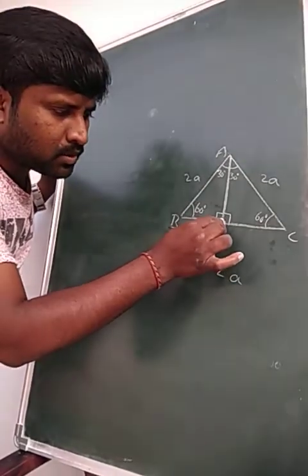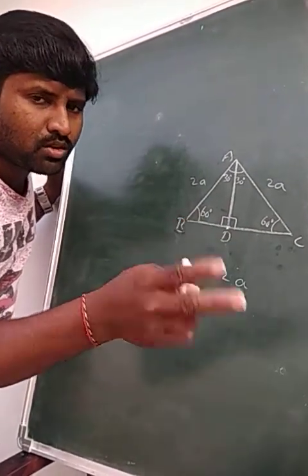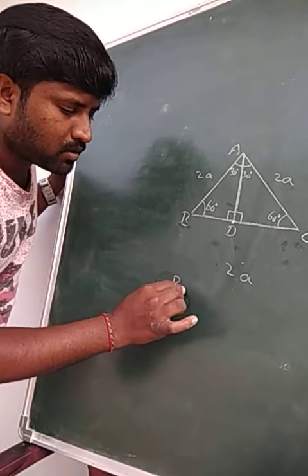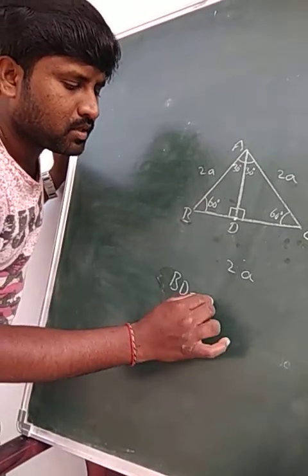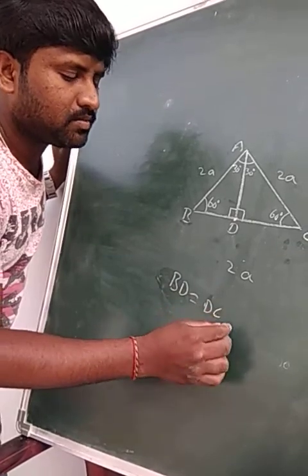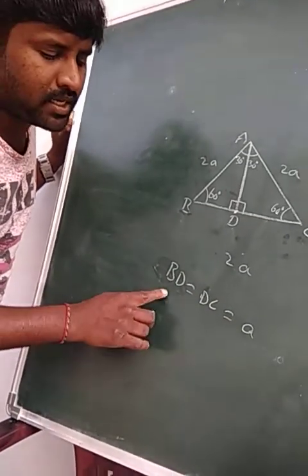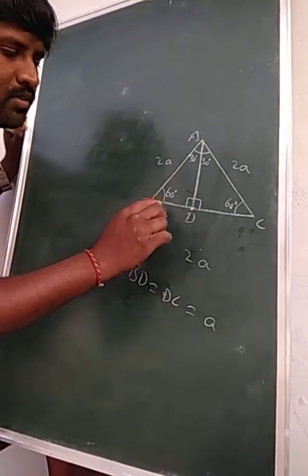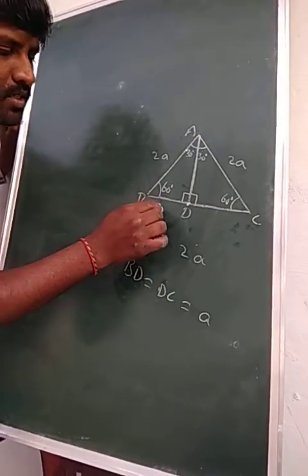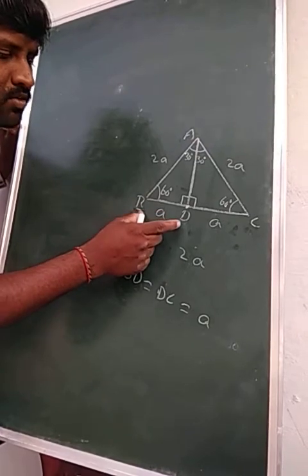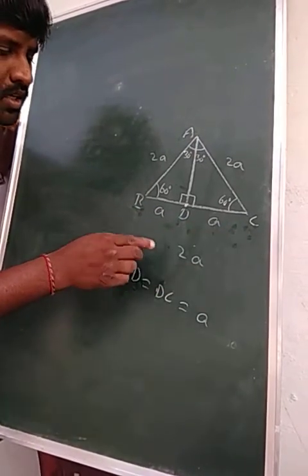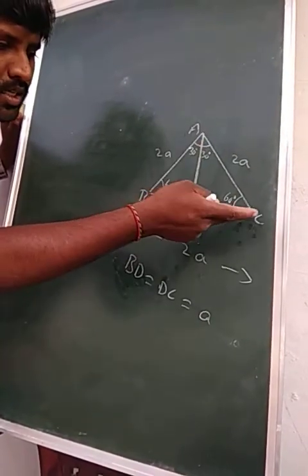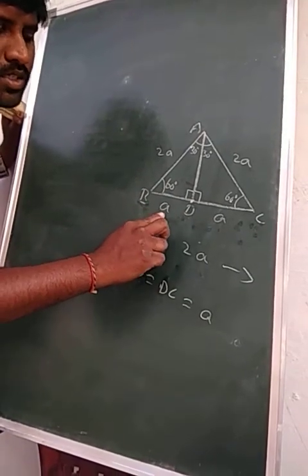Now the point D divides the side BC into two equal parts, that is BD is equal to DC is equal to A. The total side BC is 2A, but D divides the side BC into two equal parts, so that's why this is A and A.